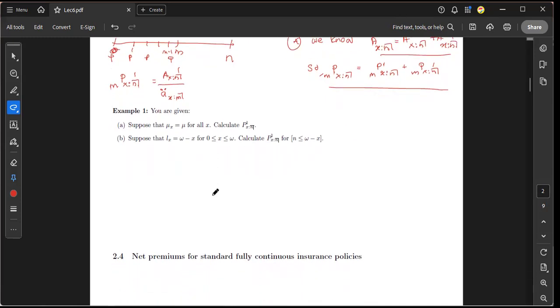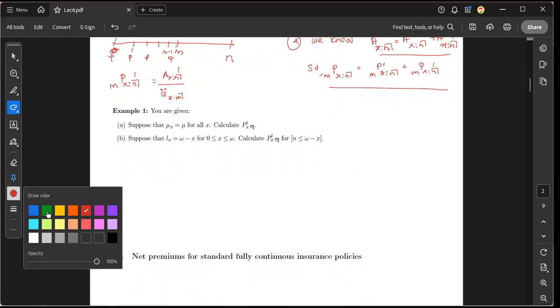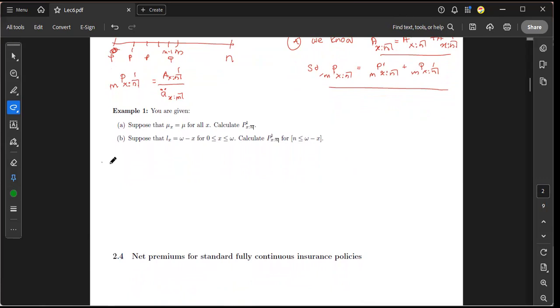Now we can calculate some premiums for these schemes. We are given a constant force of mortality for all ages. We are asked to calculate the premium of a fully discrete term life. If the premium has a capital P notation with the usual benefit notations, it says a fully discrete premium.